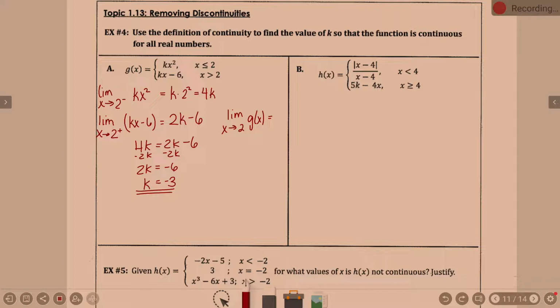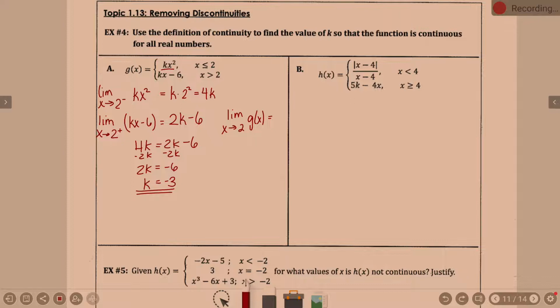So, for instance, knowing k is negative 3, and we plug it into the left piece, that's going to be negative 3 times 2 squared, which is 4, all equaling negative 12. So it's negative 12 from the left.